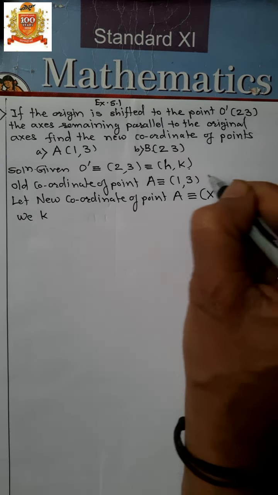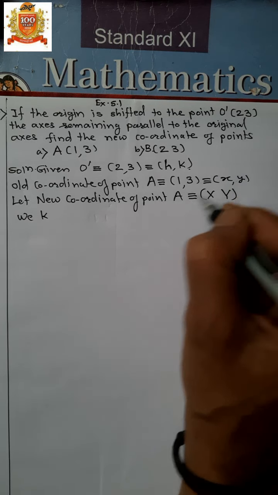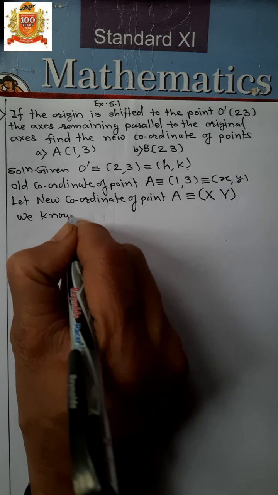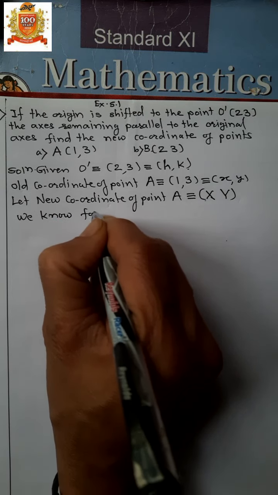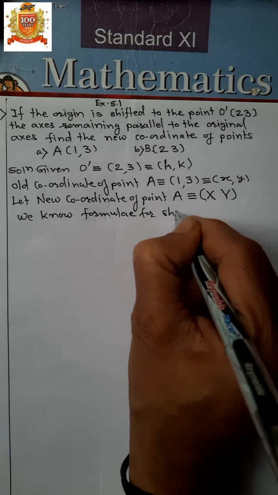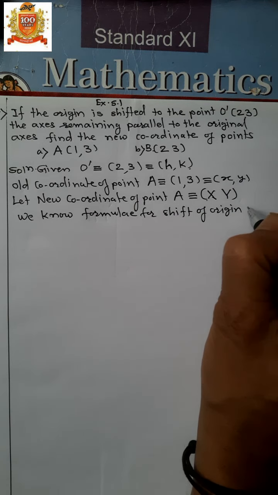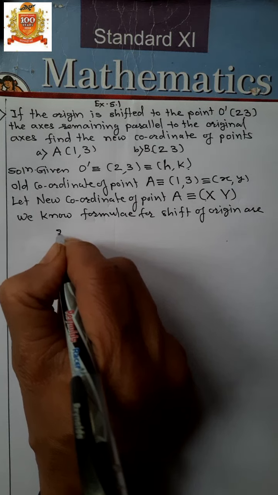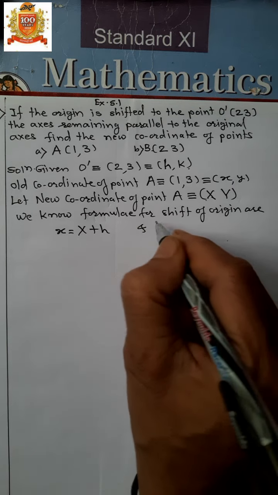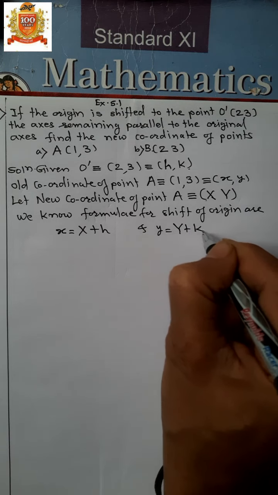We know that old coordinates we denote by small x, y and new coordinates by capital X, Y. We know the formulae for shift of origin are small x is equal to capital X plus h and small y is equal to capital Y plus k.